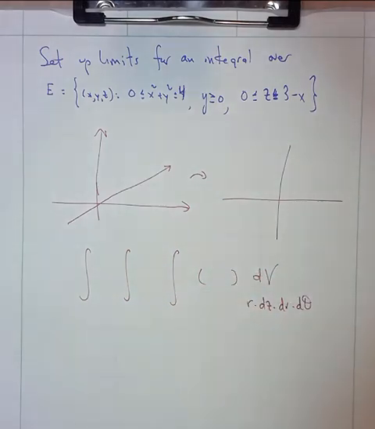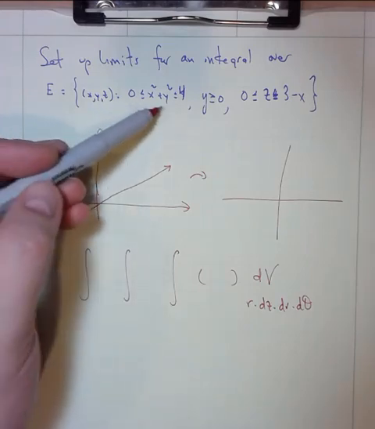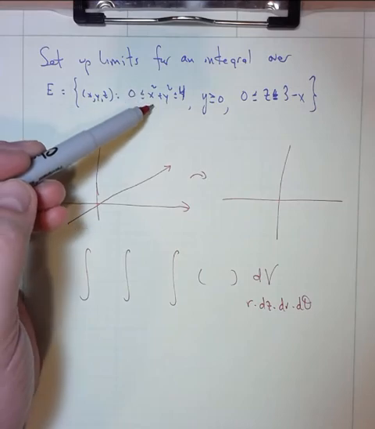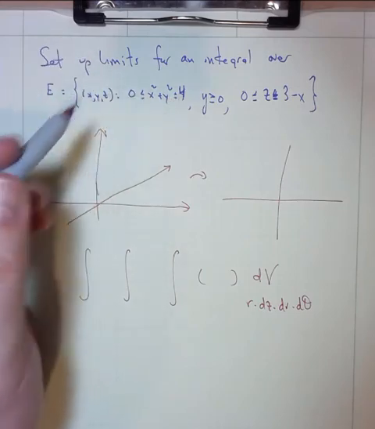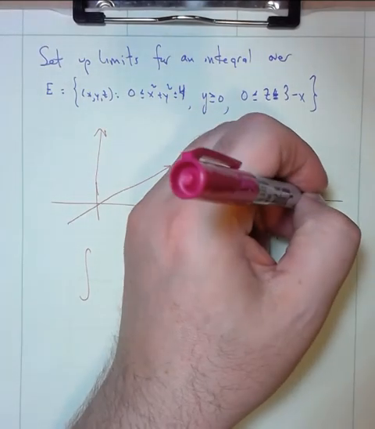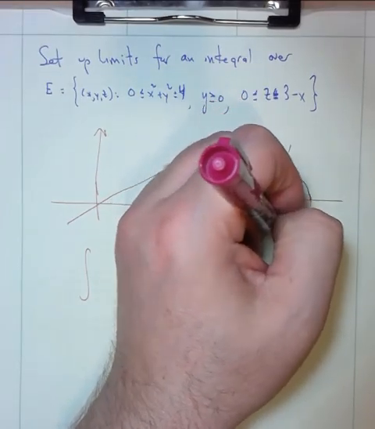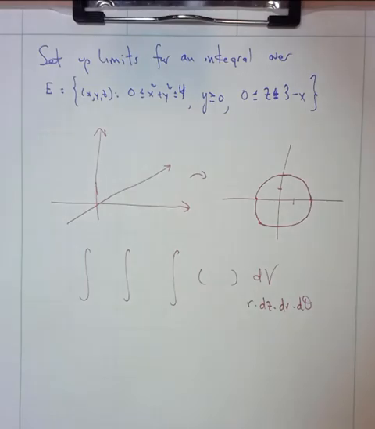All right, so in the x and y direction, we're in between 0 and x squared plus y squared equals 4, which means in the xy plane, we're looking at a circle of radius 2 as the outer edge.